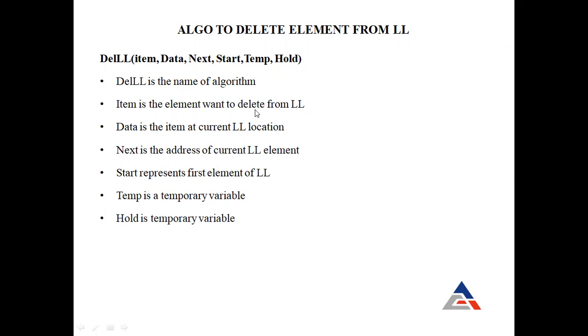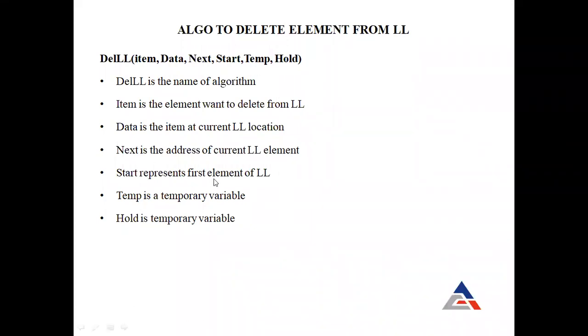Item is the item that I want to delete from the linked list. So item holds the value of which element I want to delete. Data is the item at the current location. If I am at the first location, then whatever value the first location has becomes the data. Next is the address of the next element of the current linked list element. So next holds the address of the next element to the current node.